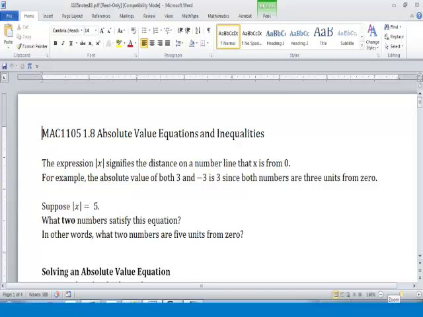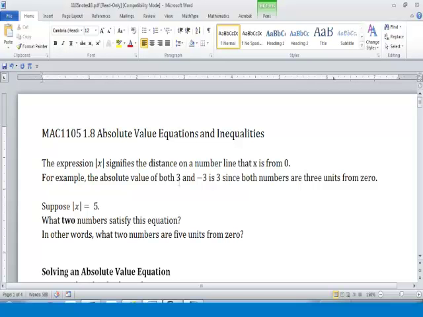A few words before we go today about absolute value equations and inequalities in section 1.8. The absolute value of a real number indicates the positive distance between that number and 0. Absolute value itself cannot be negative, but every real number has an absolute value.